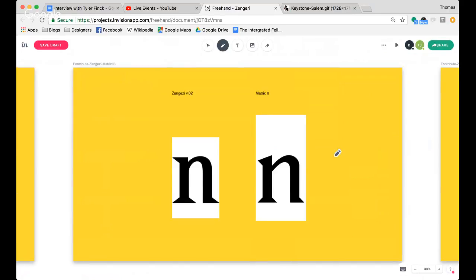So let's go explore some typefaces. I jumped right in with the N. Some of the first things that caught my attention was both of them are having these kind of Latin serifs, these very triangular shapes. Both of them are doing that, as well as, apparently based on the width of the letter, or especially it seems to be the case in Zangezi, a bidirectional serif on the bottom, and then a one-directional serif on the right stem, this side right here, which Matrix is also doing.